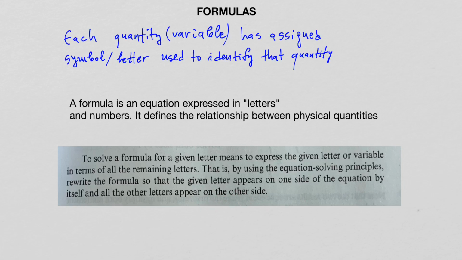So this transformation or rearrangement of the letters in the formula requires understanding of simple algebra operations such as cross multiplication, finding a common denominator, and so on and so forth. And we are going to discuss these simple operations with several examples in the next few slides.